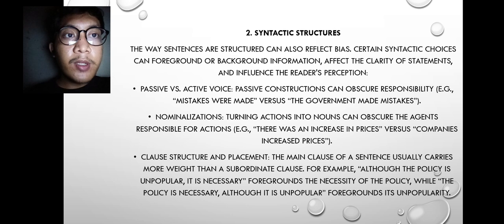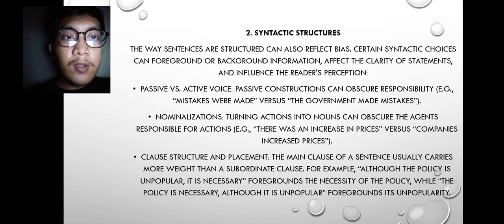Passive constructions can obscure responsibility, like mistakes were made versus the government made mistakes. Second, nominalization, turning actions into nouns, can obscure the agents responsible for actions, like there was an increase in prices versus companies increased prices.